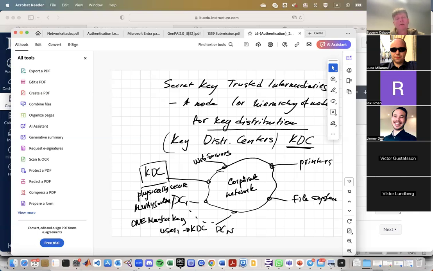And the second type of multi-party authentication systems are systems based on secret key cryptography or symmetric key cryptography. An example of a working system, you will read about it in the book, is a system called Kerberos.